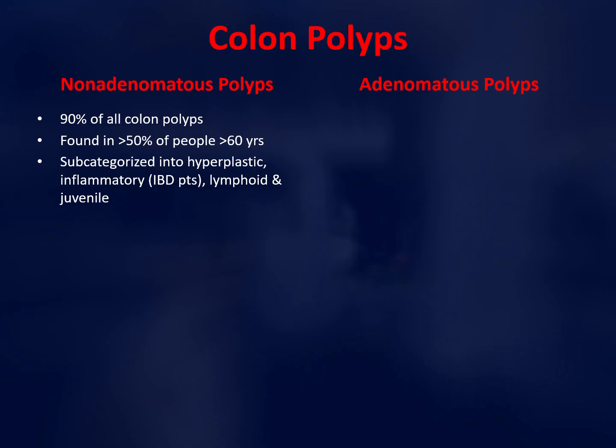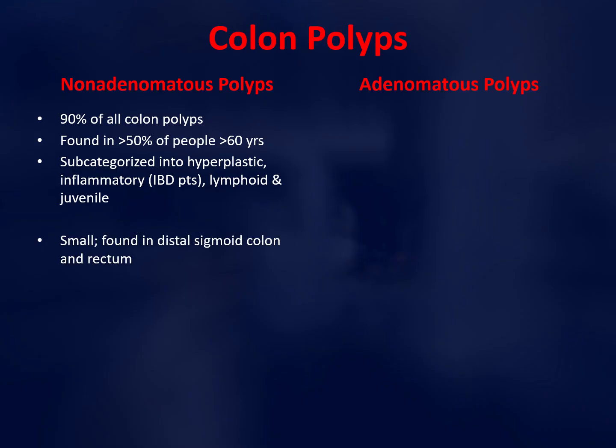Grossly, colonic polyps can be divided into adenomatous polyps and non-adenomatous polyps. Non-adenomatous polyps account for 90% of all colonic polyps. They are found in more than half of the patients older than 60 years of age. They can be subcategorized into hyperplastic, inflammatory polyps such as in IBD patients, lymphoid, and juvenile polyps.